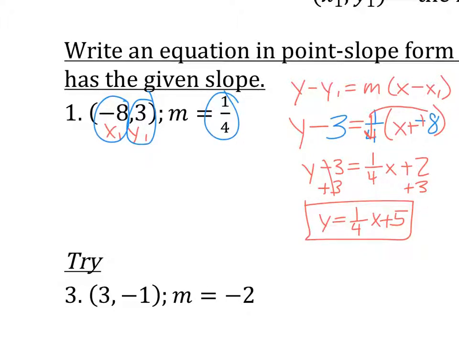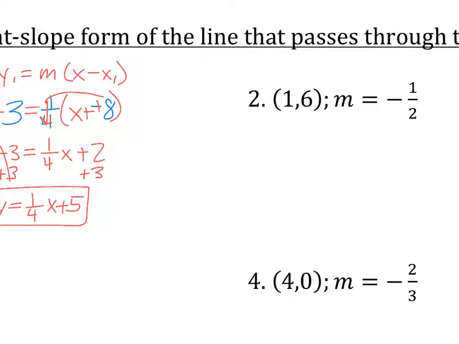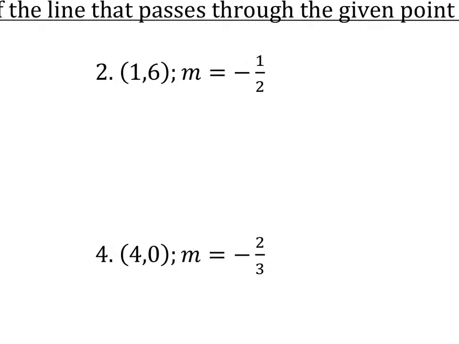All right, let's try another one here. Okay, so I have my x1, my y1, and that's my m. So y minus y1 is 6 equals my slope of -1/2, parentheses x minus x1 for my ordered pair is 1. So I plug in my parts. Now I just need to get y by itself, so let's get rid of the parentheses.